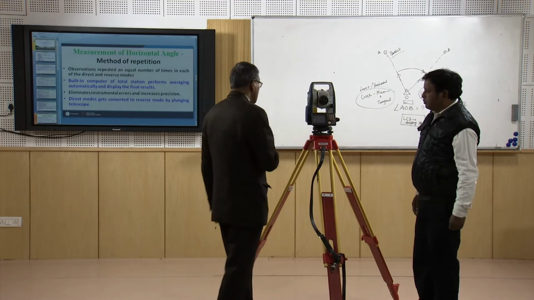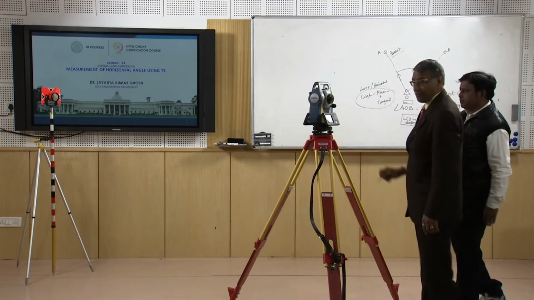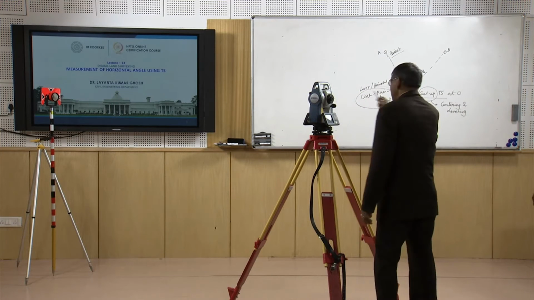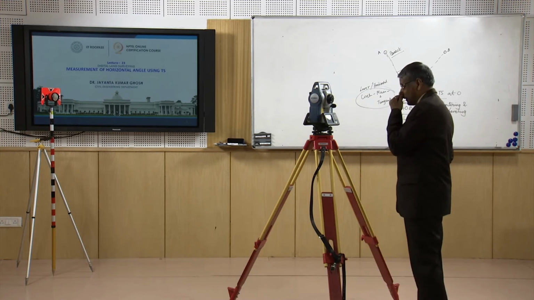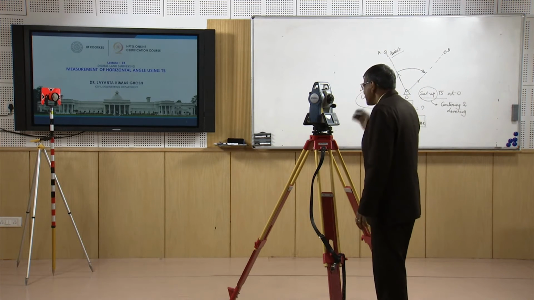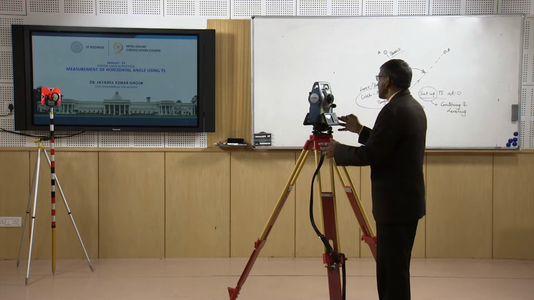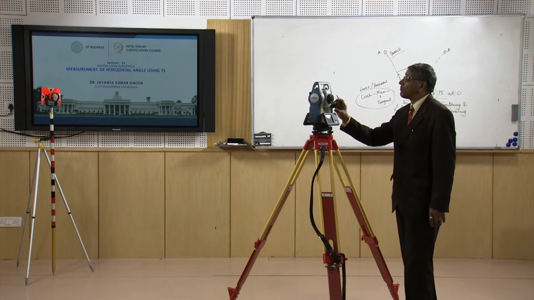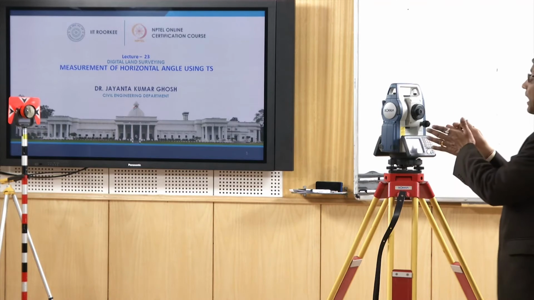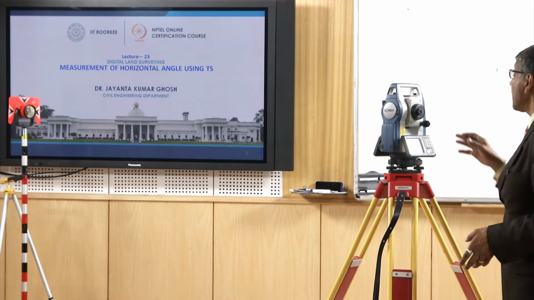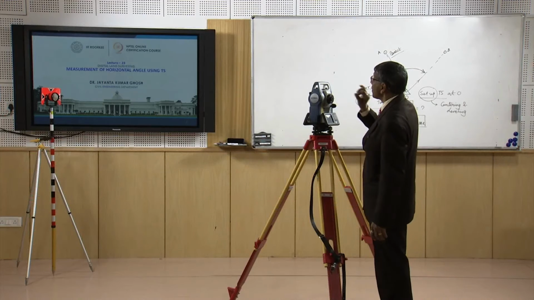Now to measure the horizontal angle, first I would like to take the horizontal angle between the reflector kept here and somewhere here. To make our work easy to see, first I have bisected this by using the horizontal plate main screw or the lower plate main screw and the vertical plate main screw. I have oriented my telescope towards this, and then approximately I have focused the object.